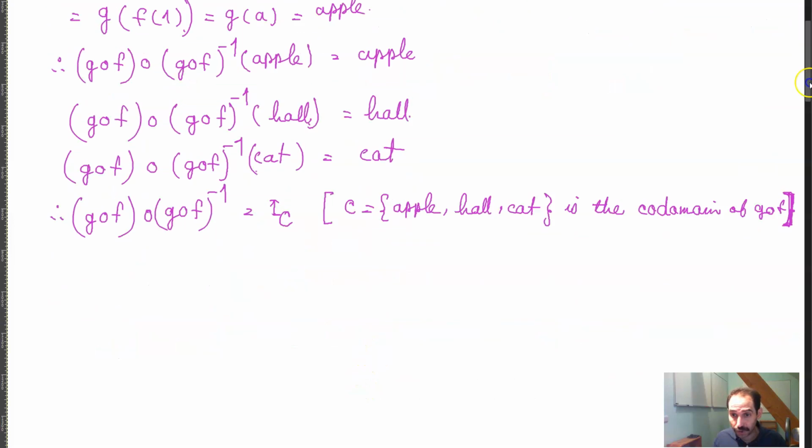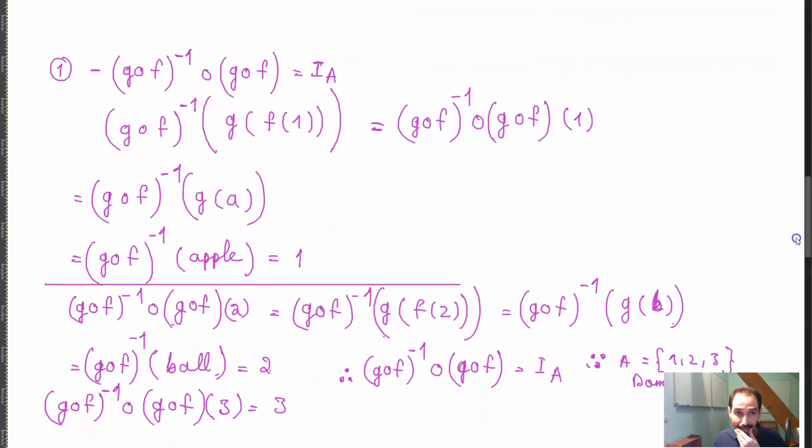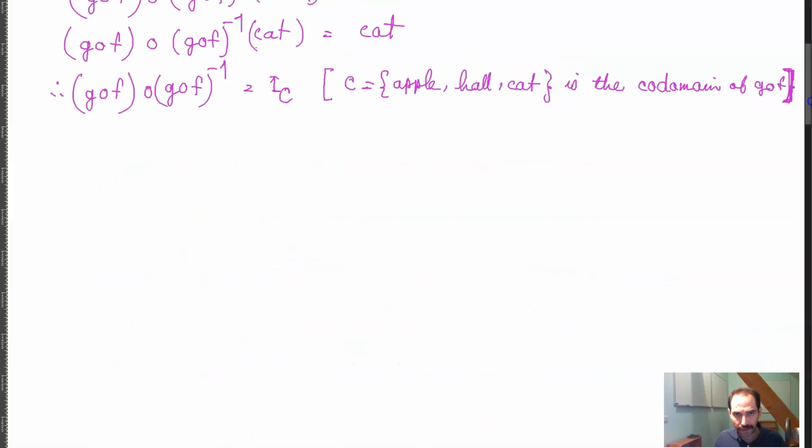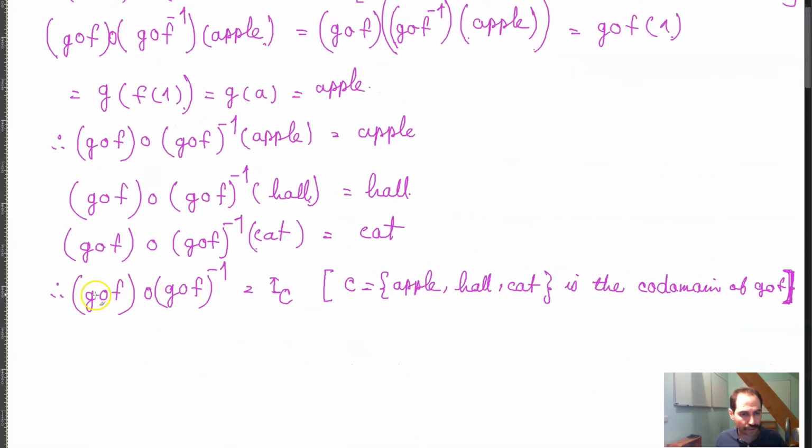Now, what we showed here was that GOF inverse composed with GOF is equal to I of A, the identity function on A, and A was the domain of GOF. What we showed here was that GOF composed with GOF inverse is equal to the identity function on C, and C is the codomain of GOF, right?